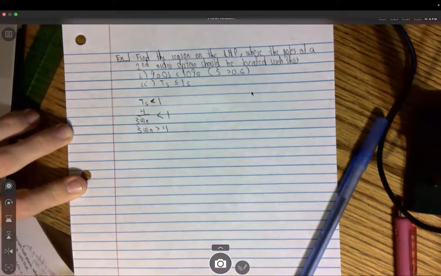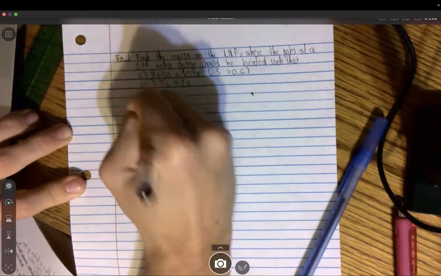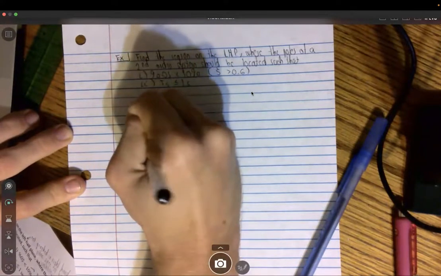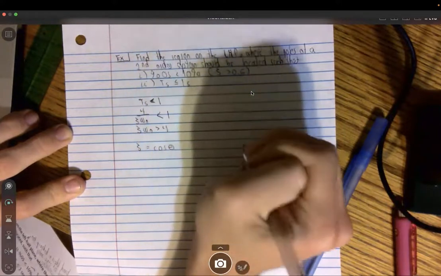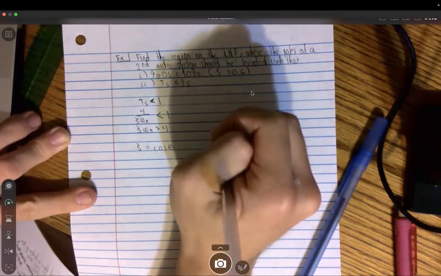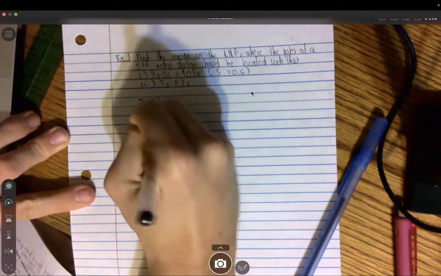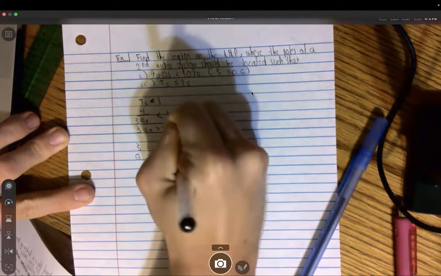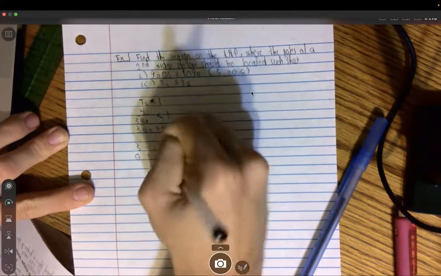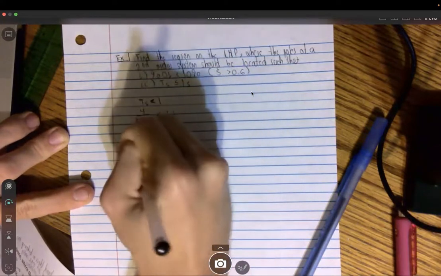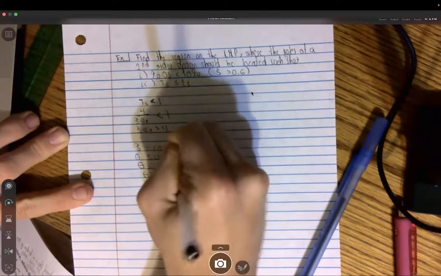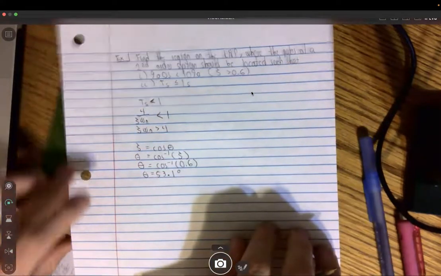And recall, zeta can be calculated using cosine of theta equal to zeta. So theta is equal to cosine inverse of zeta, and we chose zeta to be greater than 0.6. Plugging in that minimum condition, theta is equal to 53.1 degrees.